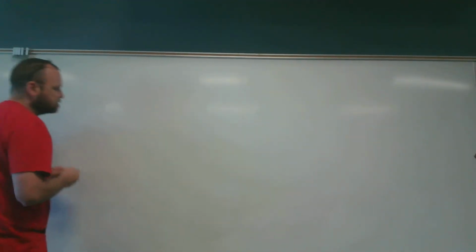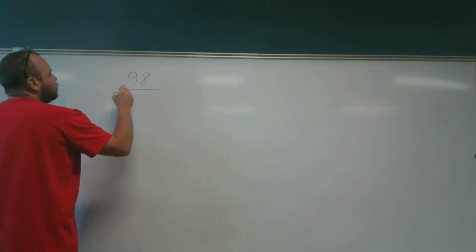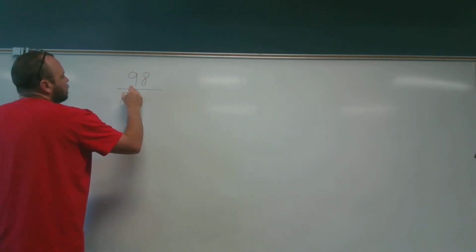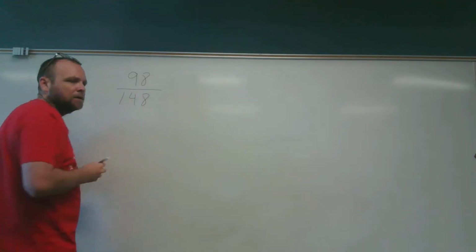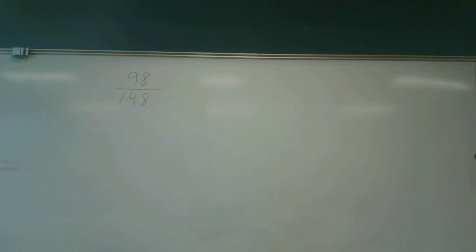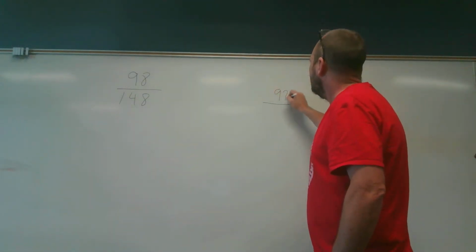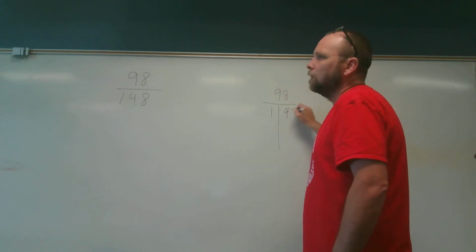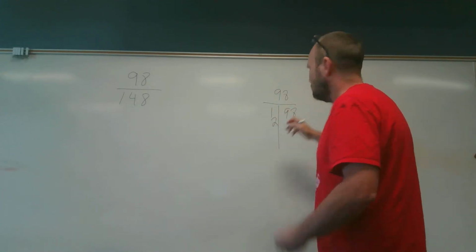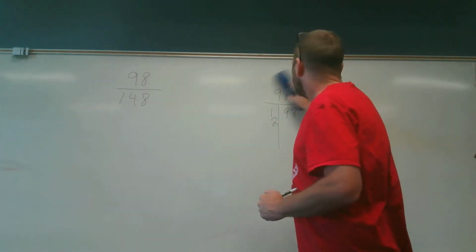Simplifying fractions. Let's go 98 over 148. Now when we simplify fractions, we have to find the greatest common factor, which means I would have to make the factor tree for 98, but I don't want to do that. 98 is a pretty big number.